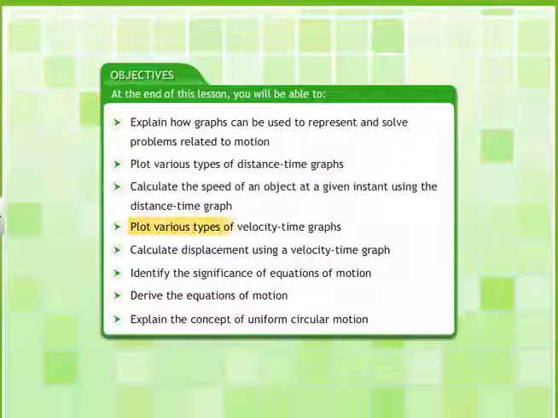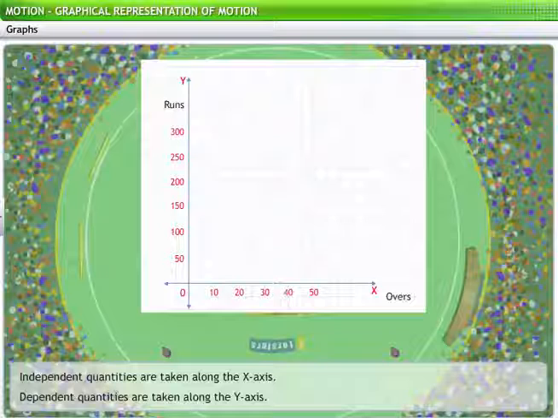Plot various types of velocity-time graphs. Calculate displacement using a velocity-time graph. Identify the significance of equations of motion. Derive the equations of motion. And explain the concept of uniform circular motion.